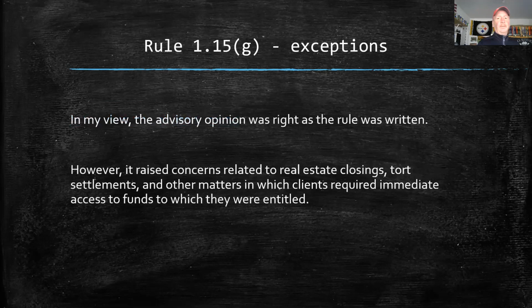For instance, real estate closings. Many of you know, at least here in Vermont, you have back-to-back closings. You sell your house, receive a check from the buyer, and you turn around and have another closing immediately where you buy a house. So what your lawyer does is take in the check from your buyer, deposit it to trust, and then immediately write against it to buy the house that you're buying.